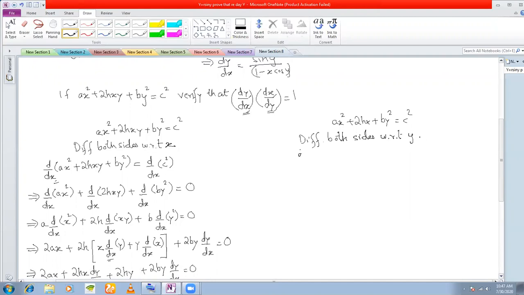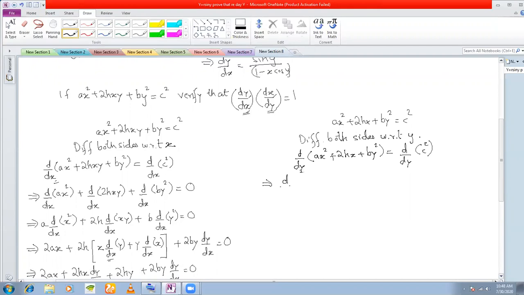We get d/dy of ax square plus 2hxy plus by square is equal to d/dy of c square. Can I write that?